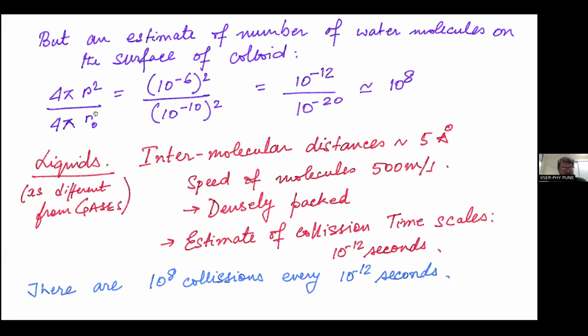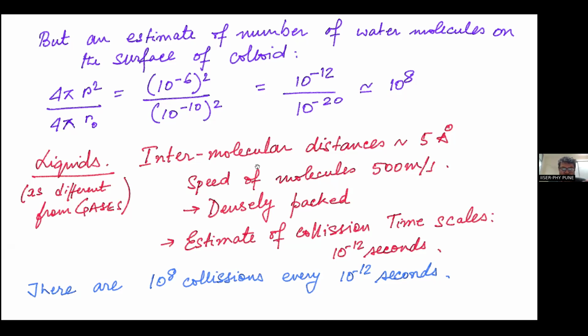You can consider the water molecule to be a small circle of area 4 pi r0 square, where r0 is the radius of a water molecule. Take it to be 1 angstrom if the size is 2 angstrom. And you can immediately get that there are approximately 10 to the power 8 water molecules surrounding the surface of a colloidal particle.